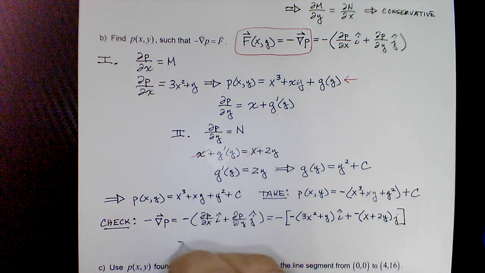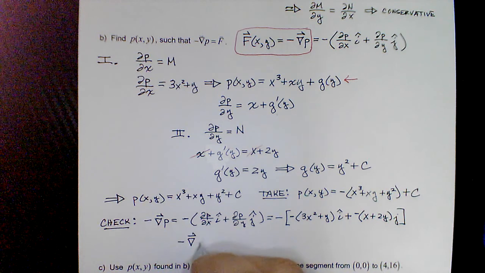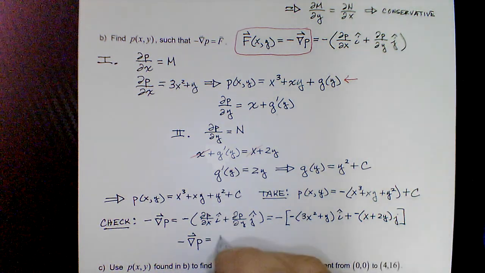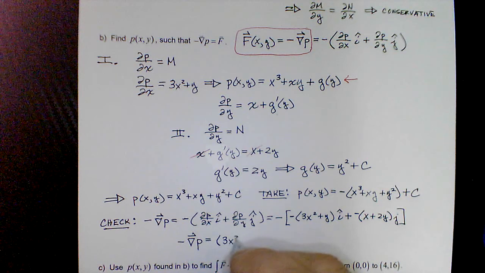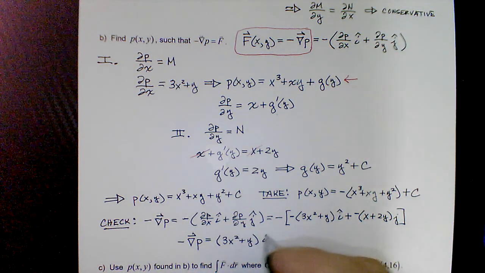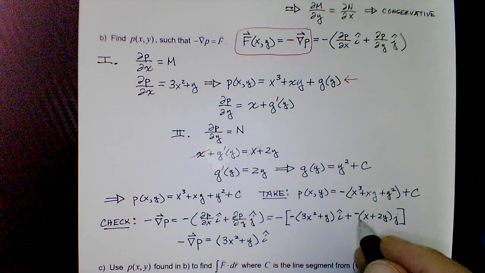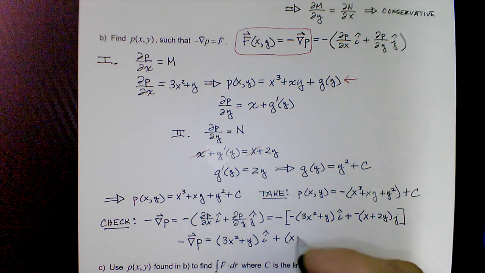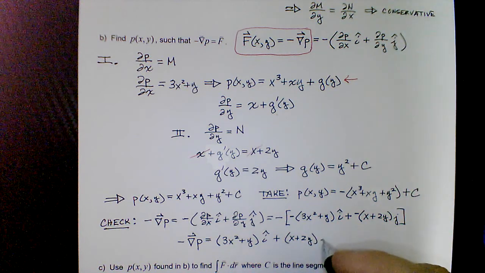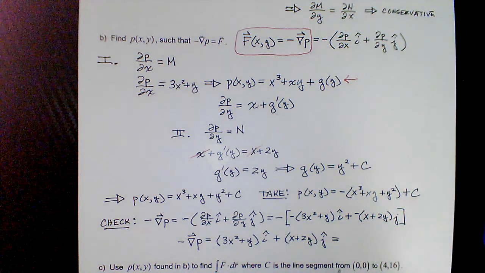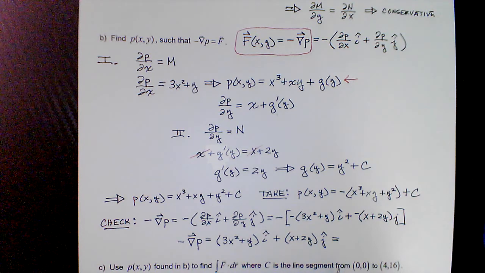So then this shows that negative del of P is, just distribute the negative, let's leave it as 3x squared plus y times i, and distributing the negative, this becomes positive, so plus, and let's leave it as x plus 2y times j, and notice that that is the actual function F of x, y.